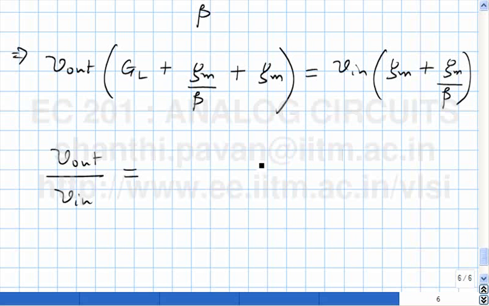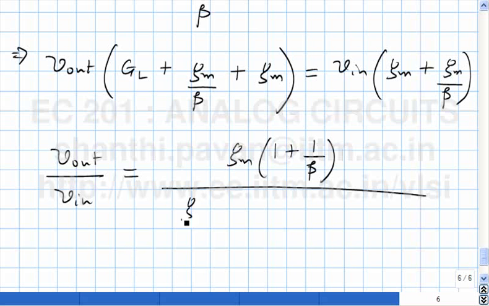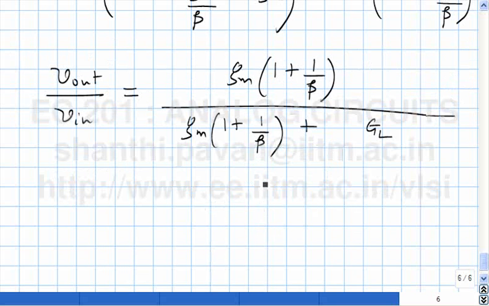It is Gm times (1 plus 1 by beta) divided by Gm times (1 plus 1 by beta) plus GL. What do you observe from here?